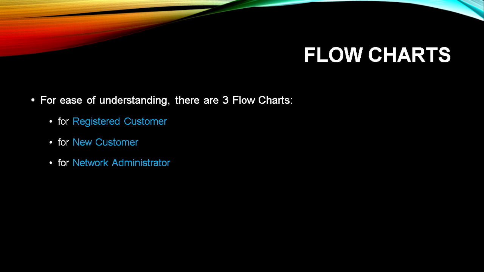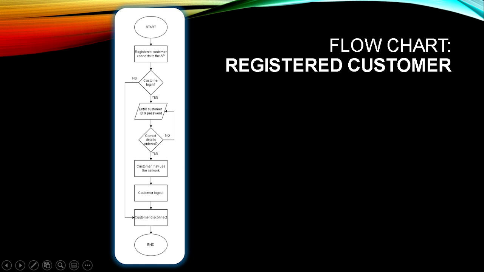For ease of understanding, there are three flowcharts regarding my project: the flowchart for registered customer, the flowchart for new customer, and the flowchart for network admin. For a registered customer, they connect to the access point and decide whether to log in or not.